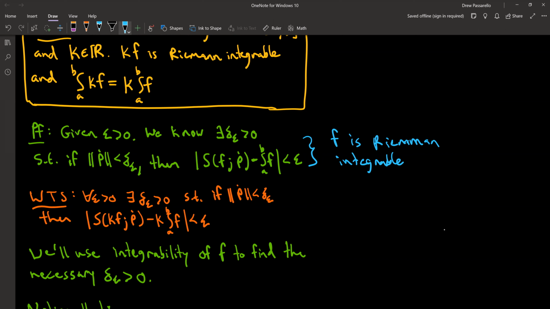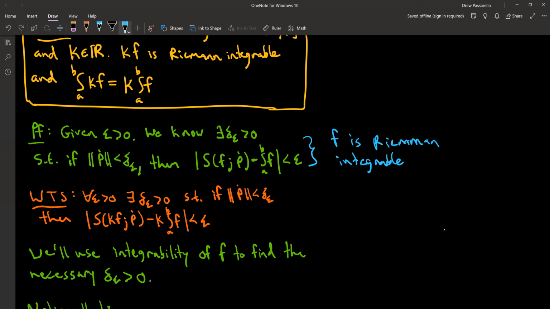So we wish to show, WTS for "wish to show", this is sort of like an aside from the proof. We wish to show that for all epsilon there exists a delta so that if the norm of any tagged partition is less than delta, then the absolute value of the Riemann sum of k times f with the tagged partition P minus k times the integral from a to b of f is less than epsilon.